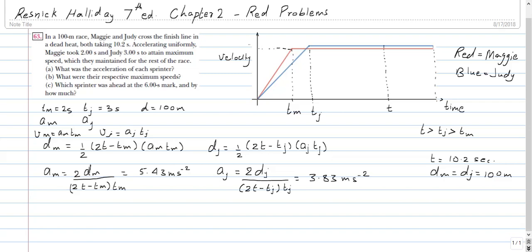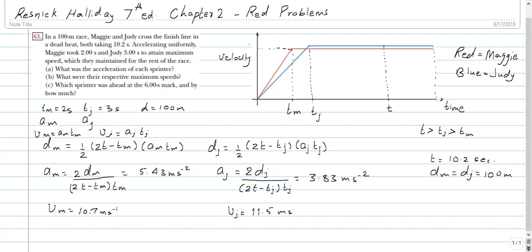Now we can also find what were their maximum speeds. We already know what Vm is. Vm is am tm. So Vm will be actually equal to 10.7 meters per second, and we get Vj equal to 11.5 meters per second.